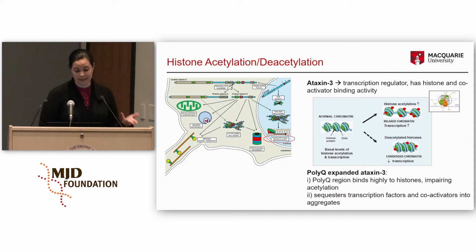It has previously been reported that the polyQ region of Ataxin 3 has histone binding activity, and that when that polyQ region is expanded in the disease, it may lead to too much interaction, which may impair acetylation and lead to more of this bottom situation where we have deacetylated histones.